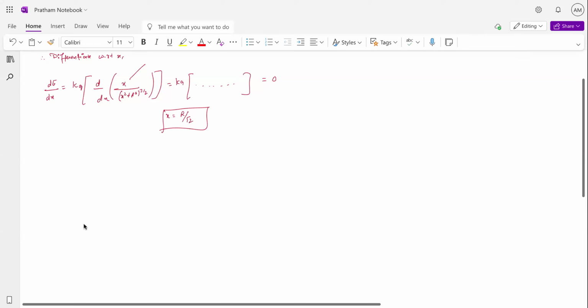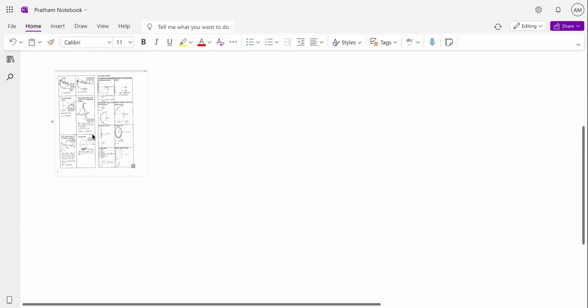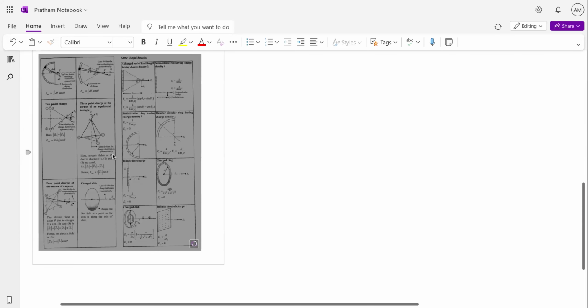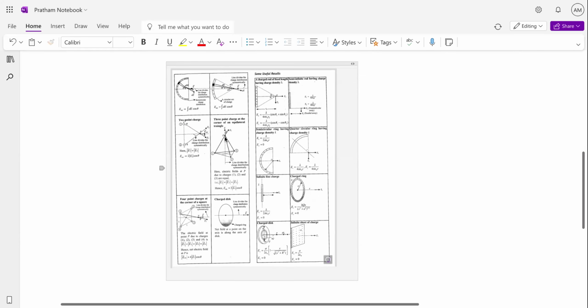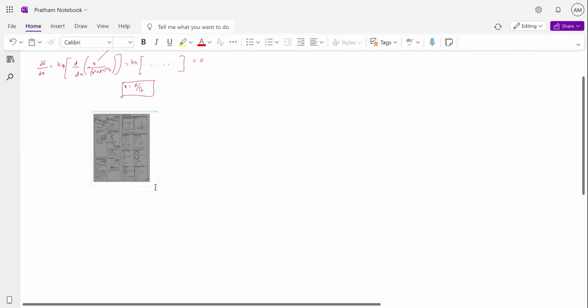You can look at this. I've shared it. I'm not sure, is it visible to you or not? Yes, it is visible. It might be very small in the picture. I'll just increase it. How can I zoom it a bit?